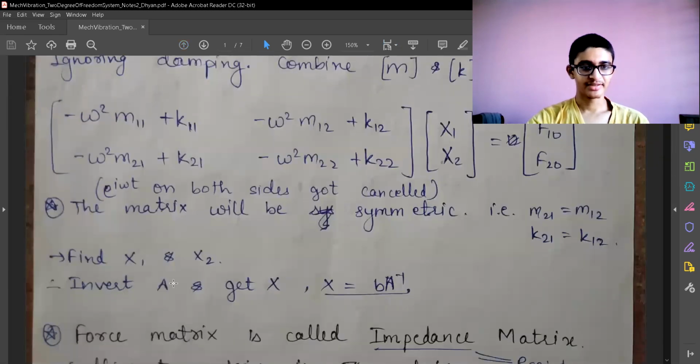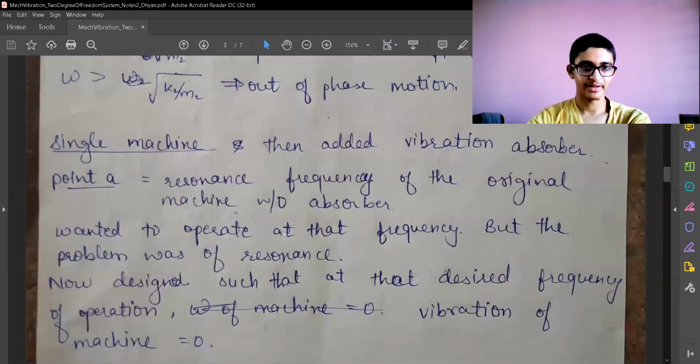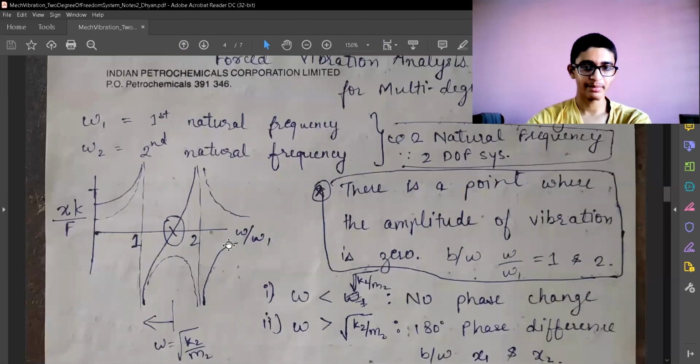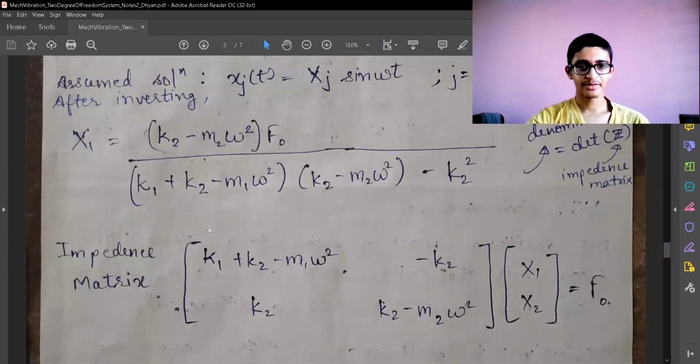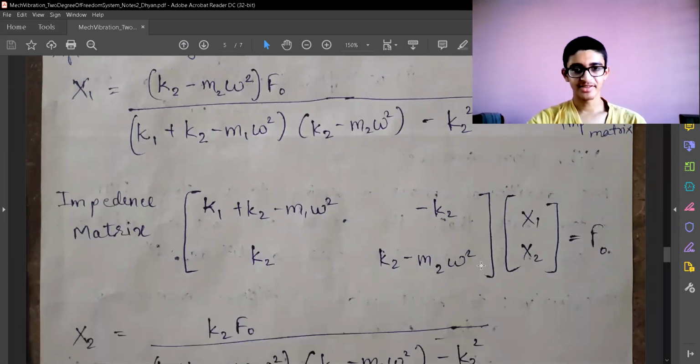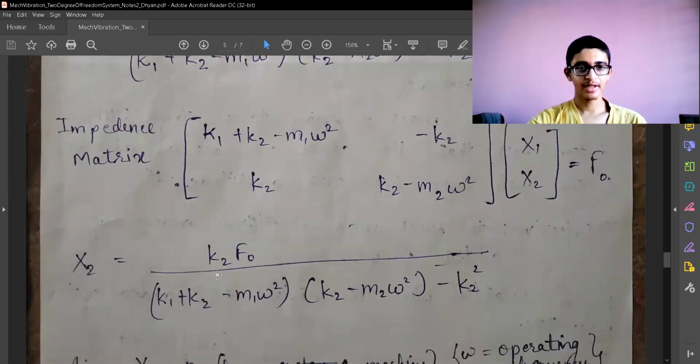So that's the procedure. We'll take the coefficient matrix A, invert it, and get the values of x1 and x2, the displacement matrix. So I have got the values of that displacement x1. This was the impedance matrix, just for your reference. We just need to invert it and get the values of x1 and x2 directly. So they are very simple.